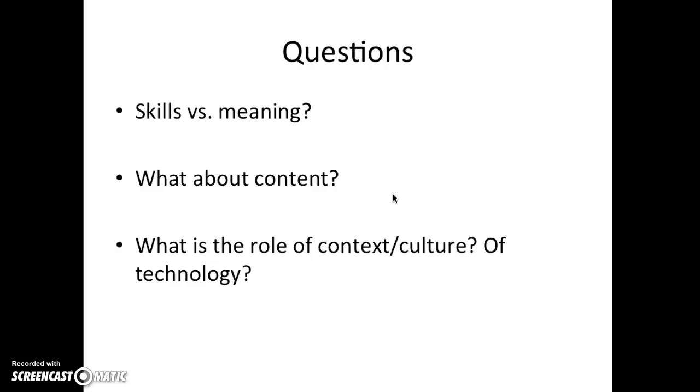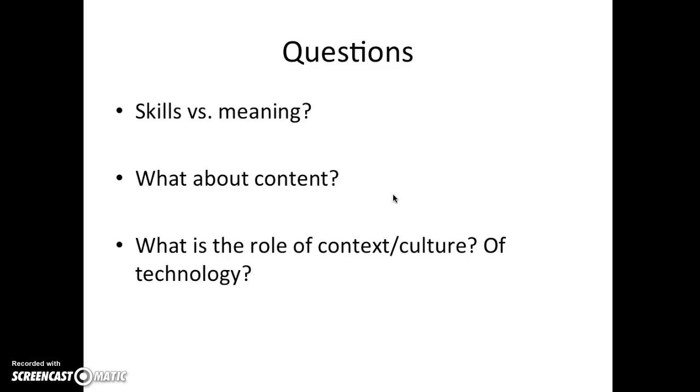So let me just pose some questions that have come out of this that have racked researchers for many years. Again, this is the idea about to what extent are we teaching kids skills that they can fluidly and flexibly apply anywhere, versus to what extent are we really hoping that they're going to read for meaning, and that is we're really emphasizing their experience with the text and the meanings and values they take from it.